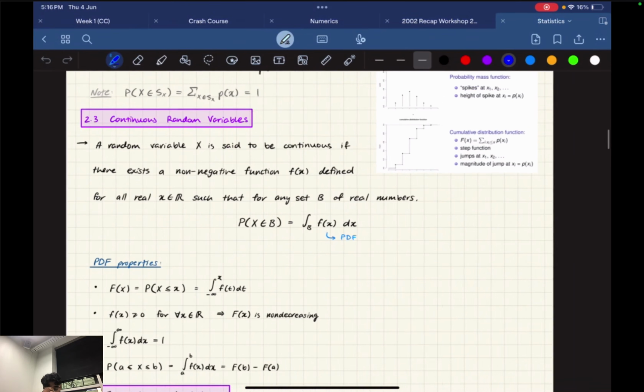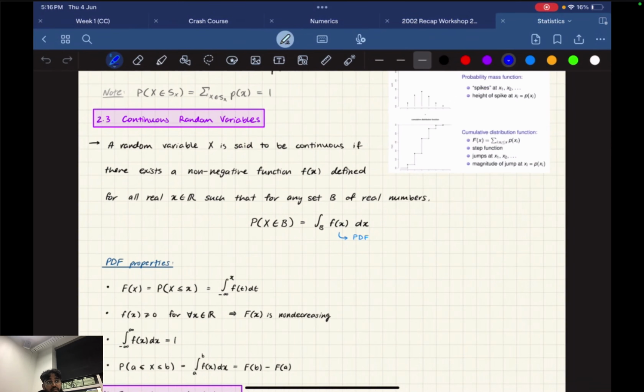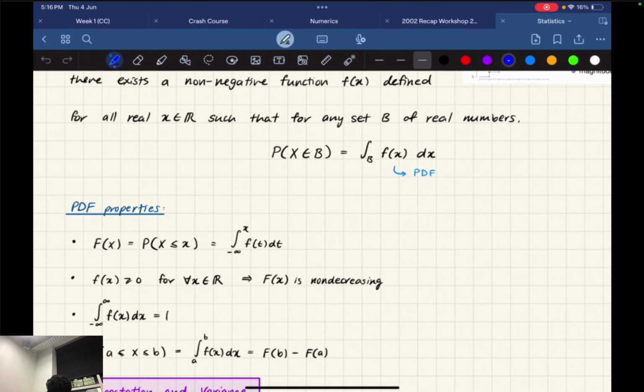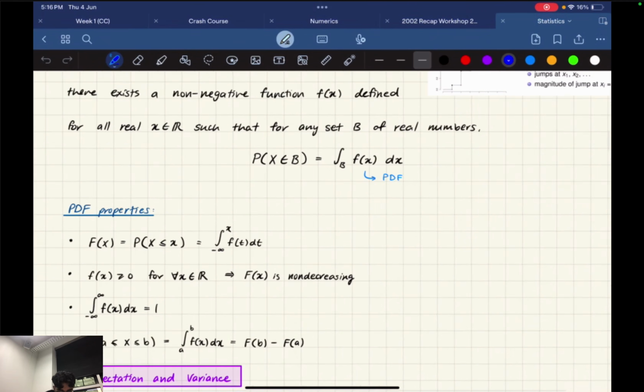All right, so we've got PDFs and CDFs. PDF being probability density function, CDF being cumulative distribution function. Your CDF is going to be like an integral of your PDF. The PDF pretty much graphs the probability for each variable.